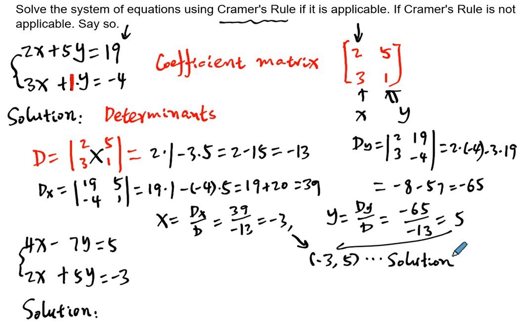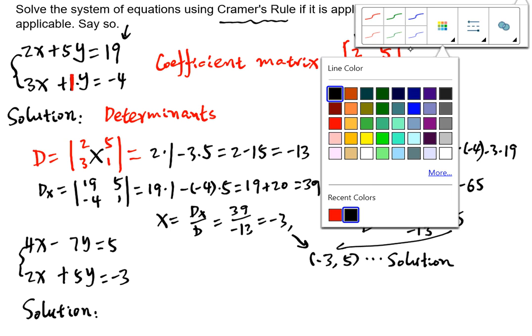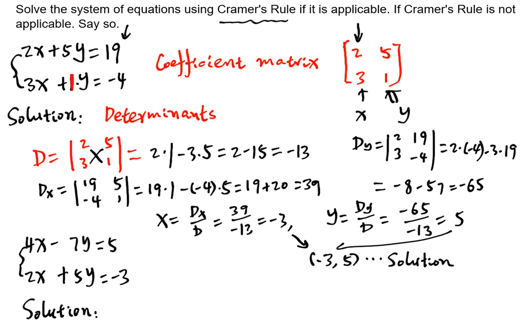Is this really the solution? You may check it. x is negative 3, y is 5. Plug in right here. Here you plug in negative 3, here you plug in 5. So you will have 2 times negative 3, which is negative 6, and then plus 25.